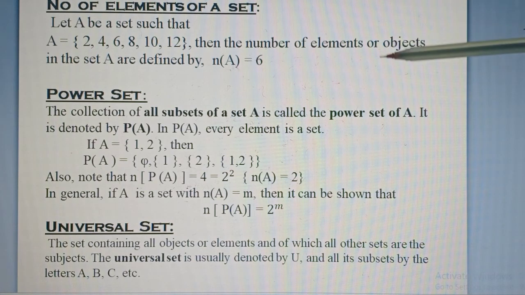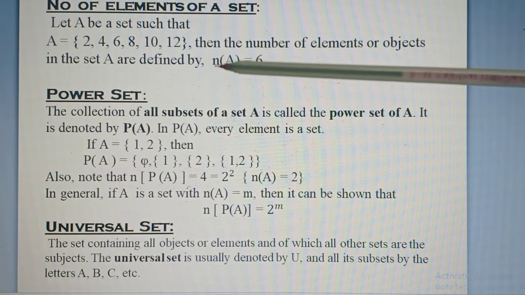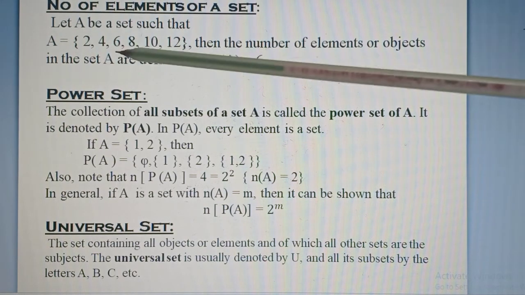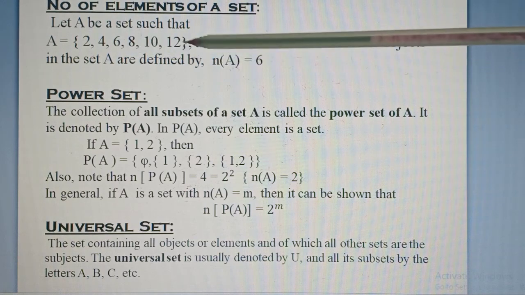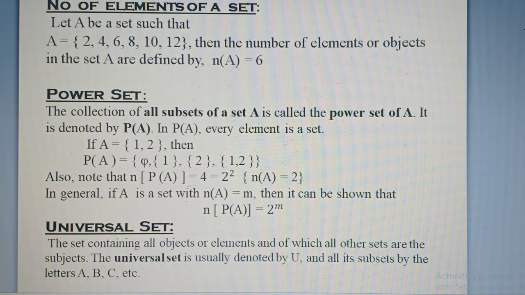The number of elements, that is the objects in the set, is denoted by small n in brackets, n(A). The meaning of this is how many elements are present in the set A. Since you can see 1, 2, 3, 4, 5, 6 elements are present, we can write n(A) equals 6.